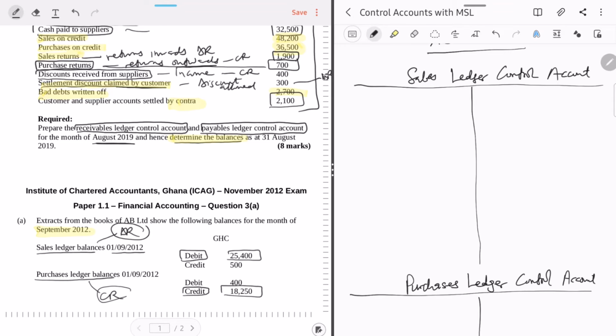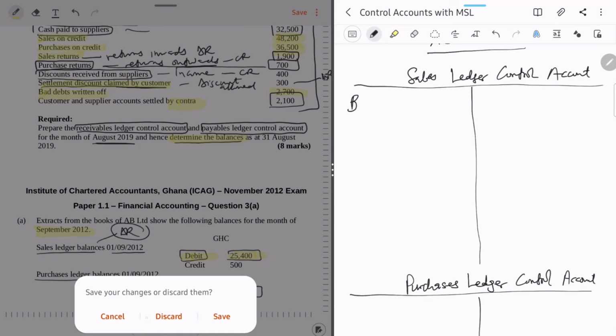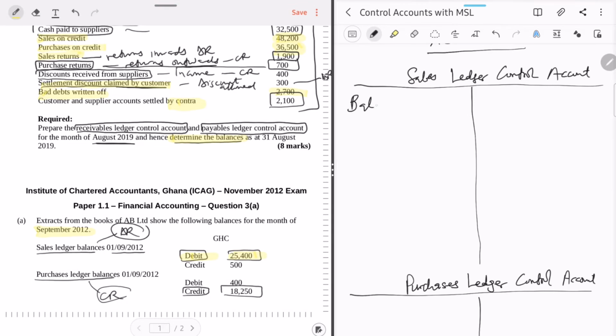So all we need to do is just state what we are given. Sales ledger balances debit is 25,400. So I come here on the debit side, I write balance brought down of 25,400. They said credits is 500. So on the credit side, I write balance brought down of 500.